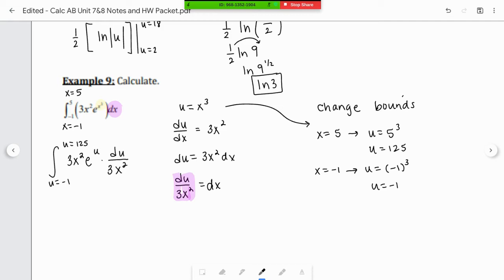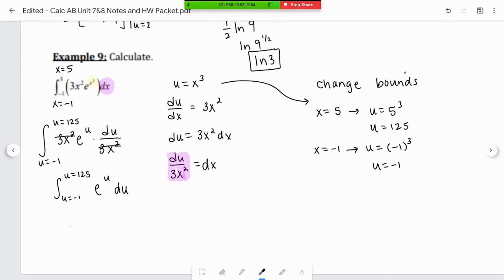And then now I'm going to simplify that integral a little bit. So I have the 3x squared e to the u, and then the du over 3x squared. The 3 and the x squared divide with this 3 and x squared. And so that gives me the integral from u equals -1 to u equals 125 of e to the u du. And remember, your antiderivative of e to the u is just e to the u.